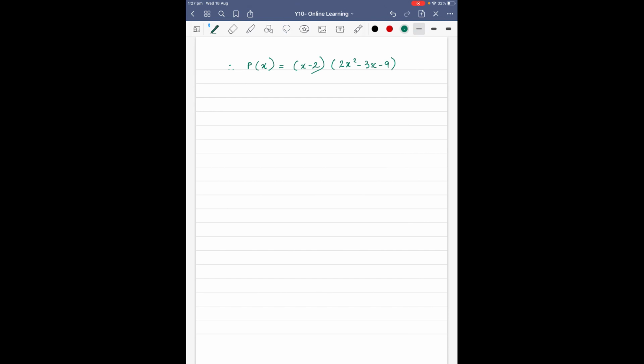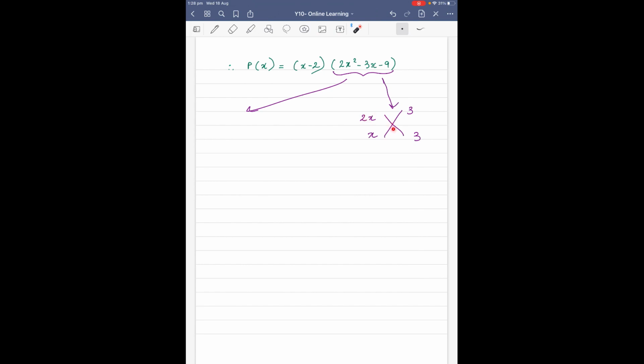There's two ways that we can factorize this one. I personally like to do the cross method. So to do the cross method, what two terms multiply together to give you 2x squared? We know it's 2x and x. Cross method gives you a cross. What two numbers times together to give you 9, which is 3 and 3. And then you go down the chain.